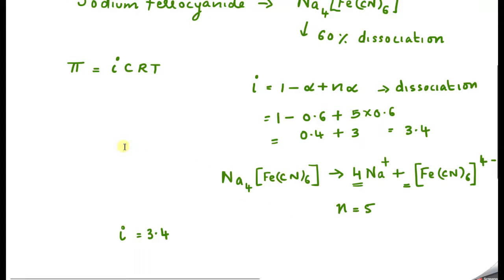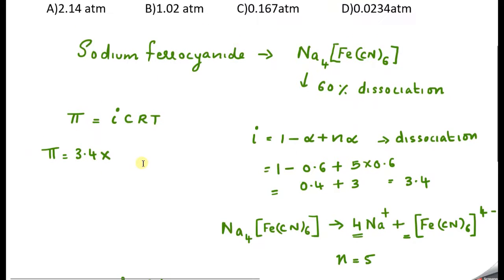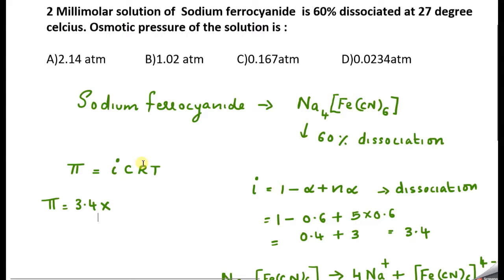Now what do you need to do? You can substitute in our formula pi is equal to i into CRT. So pi of the solution is equal to 3.4, and C is the concentration. The concentration they have directly given, it is 2 millimolar, so 2 into 10 power minus 3 molar, into R, a universal value, 0.0821, multiplied by temperature 27 degrees, that is 273 plus 27, so that becomes 300 Kelvin.